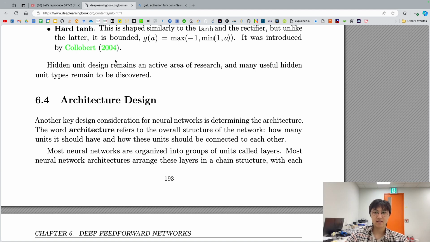What is the best activation function? Or what is the best cost function? In that case, through a trial and error process of selecting architecture designs and comparing them based on the validation cost, validation error or test error, we can find the best architecture design for our problem.